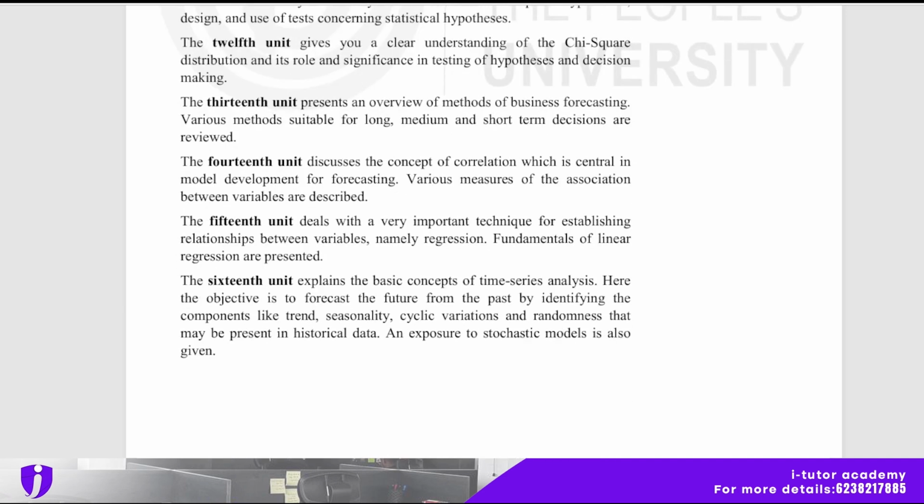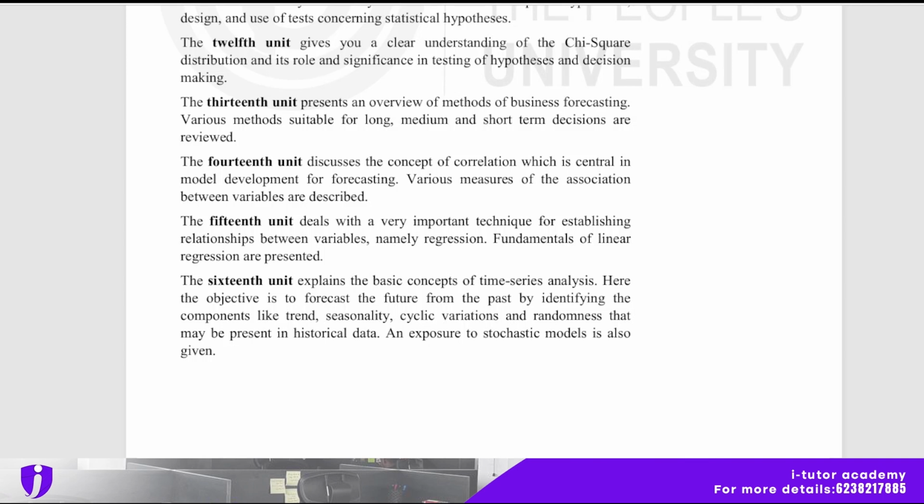The 14th unit discusses the concept of correlation, which is central in model development for forecasting. Various measures of the association between variables are described. The 15th unit deals with a very important technique for establishing relationship between variables, namely regression. Fundamentals of linear regression are presented.